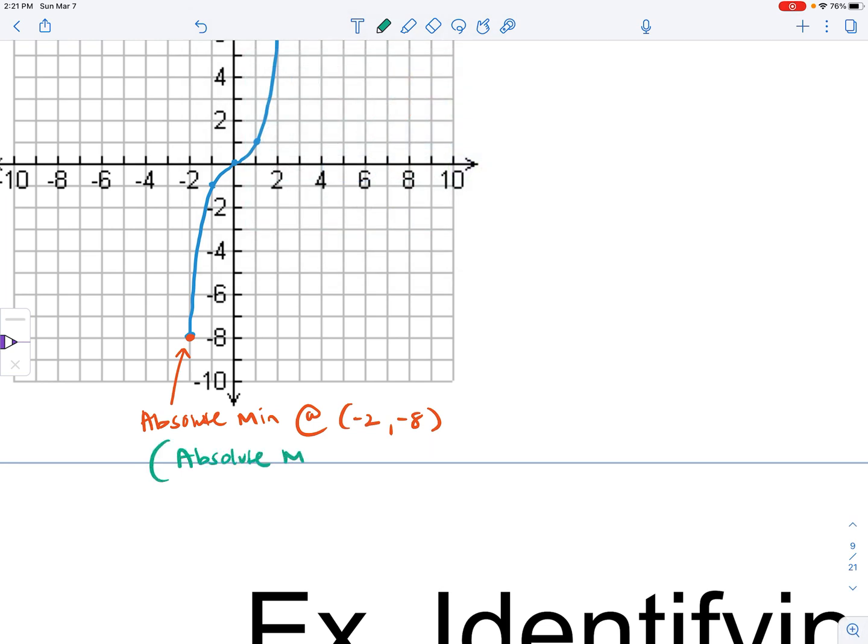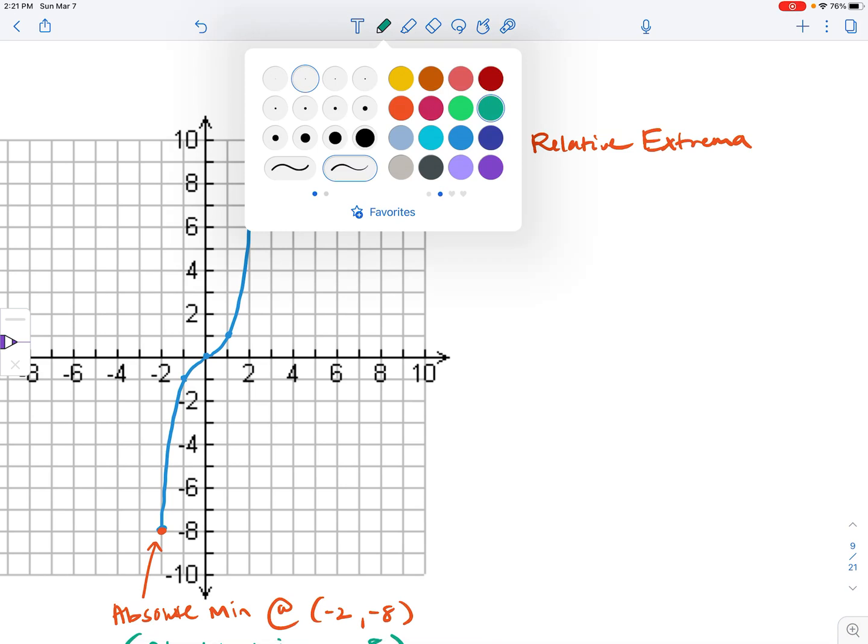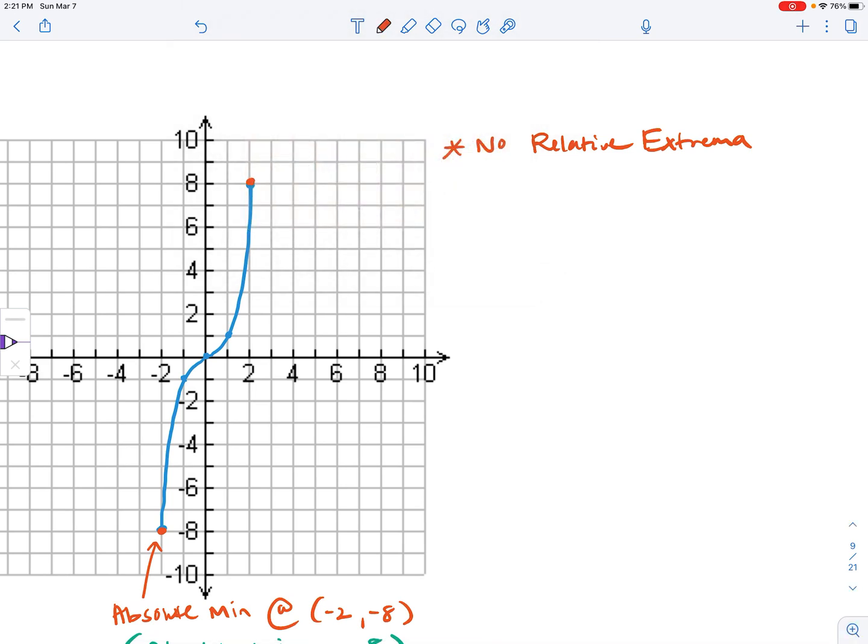Which means the absolute min is -8. So that's the actual value. And then we have an absolute max at (2, 8). And the absolute maximum is 8.